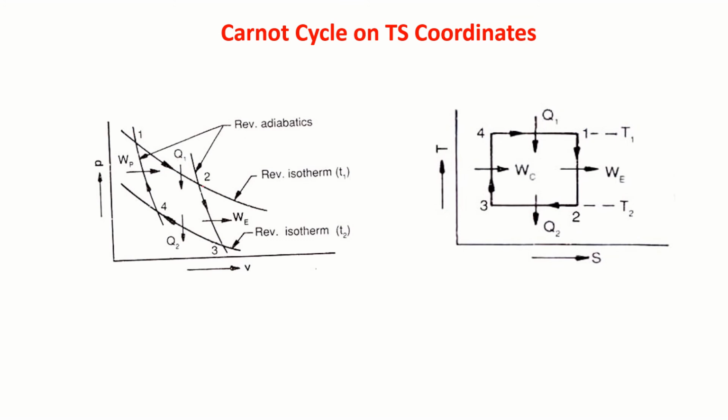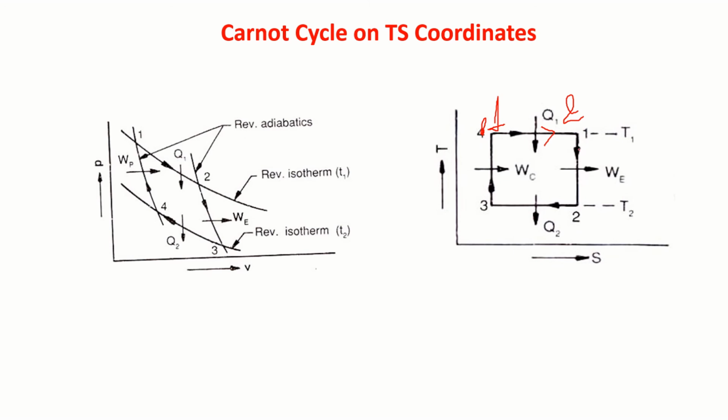1 to 2, temperature is constant. Let us consider this is 1, this is 2. Here temperature is constant, and heat is added, Q1. Correct?